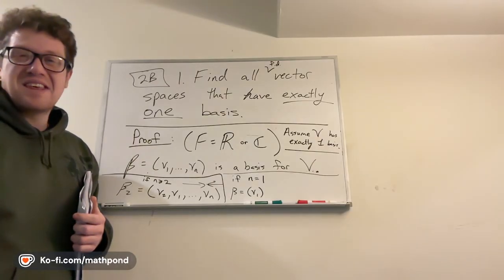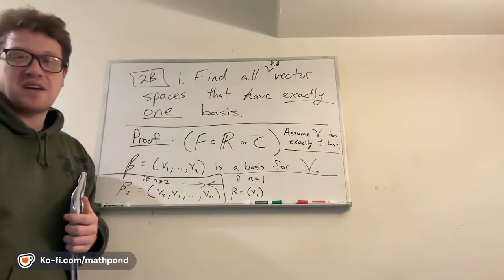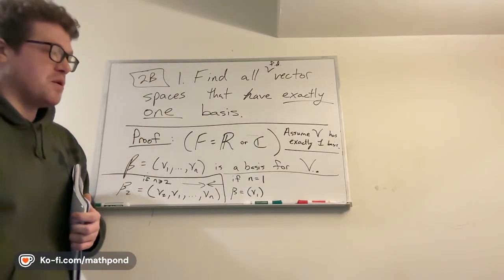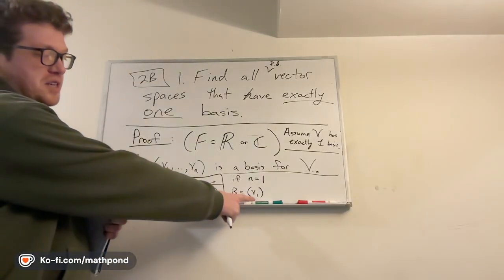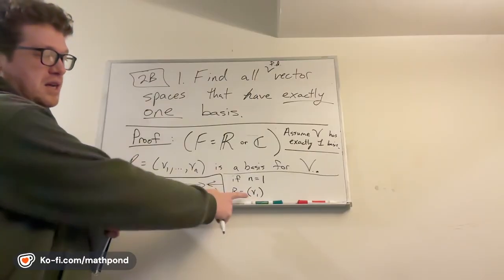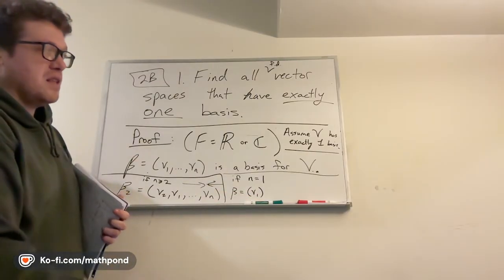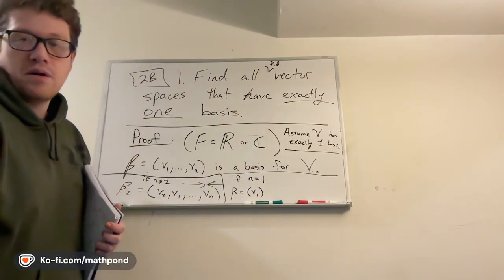You really just need to think about what is the definition of basis. How can I create a new basis if I know that the list of size 1 that just contains this one vector v1 is a basis for V? How could I create a different one?